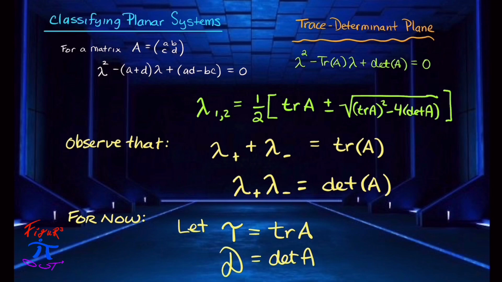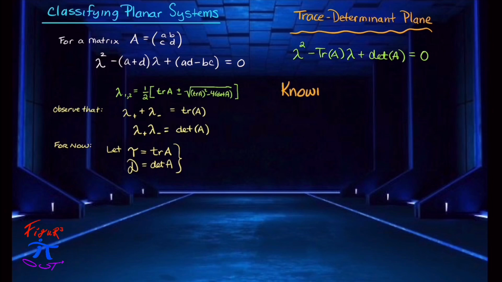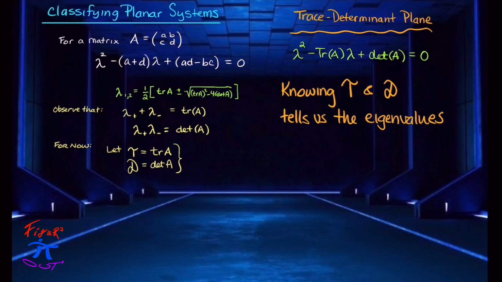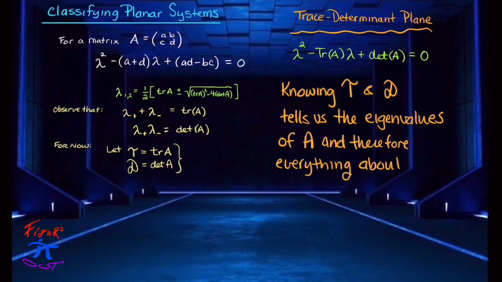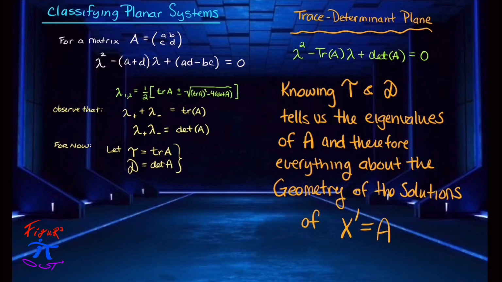Let's use a curly T for trace and a curly D for determinant so that we can write this in a little bit more simplistic form. So by knowing T and D, that tells us the eigenvalues of A, and therefore everything that we need to know about the geometry of our solutions.